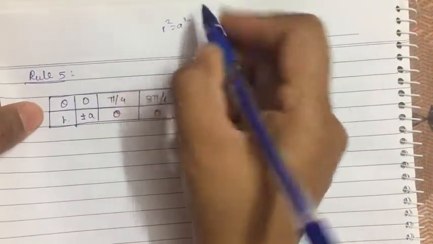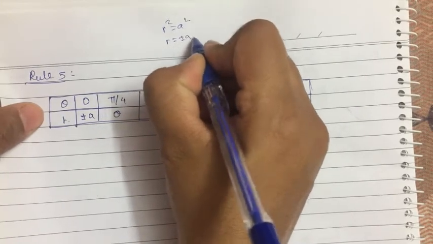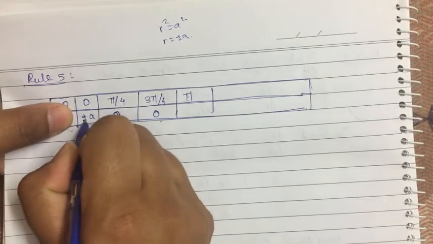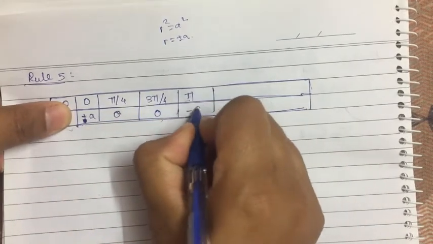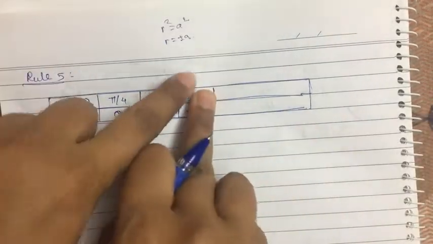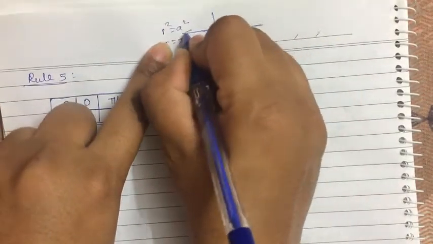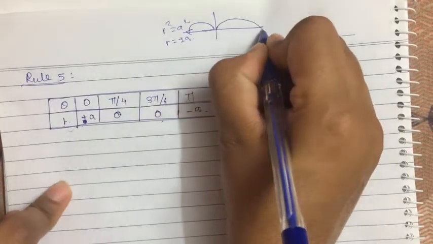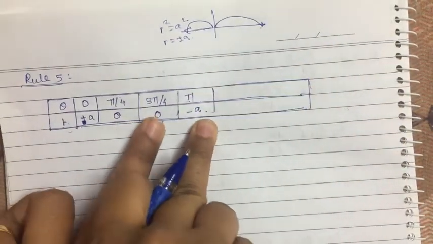So r square is a square, which means r is plus minus a. Now for theta equal to 0, r is plus a, and for theta equal to pi, r is minus a, because theta equal to pi means the negative side of the x-axis and theta equal to 0 means the positive side of the x-axis. So this is minus a.